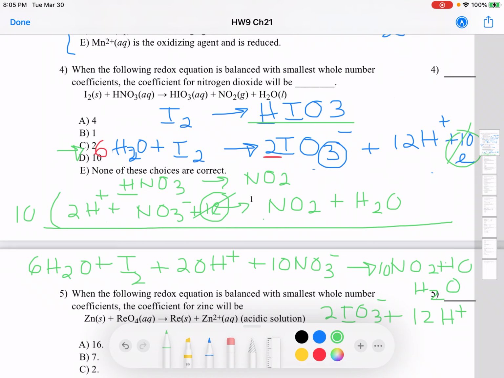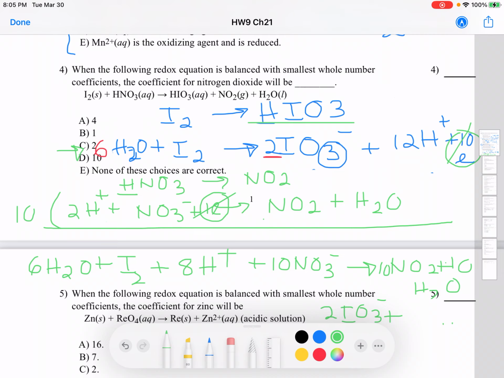Okay. Here you have 20H plus, here you have 12H plus. So 20 minus 12 is 8. So we can remove this 12 and remove this 20. 20 minus 12 is 8. So you can put 8H plus.